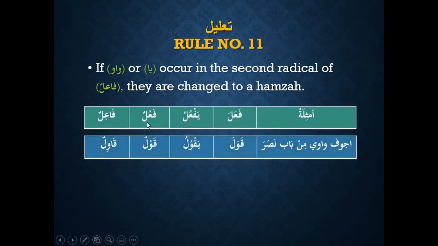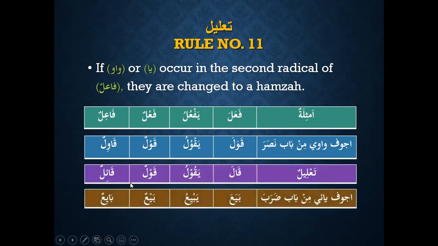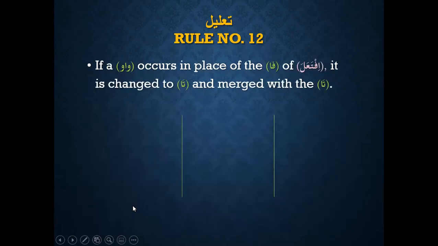Another rule was, if on the scale of fa'ilun, the doer form, after alif there's waw or ya, which is ayn kalima, this ayn is waw or ya, like qawil, you change that waw into hamza, qa'il. Likewise, ba'i', you change that ya into hamza, ba'i'. Okay. Then bab ifti'al, we saw ifta'ala.